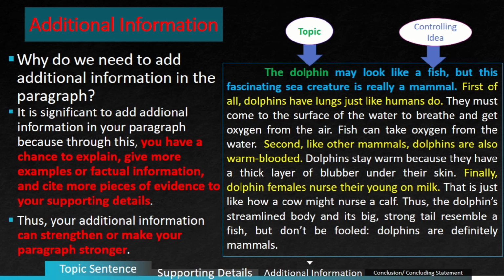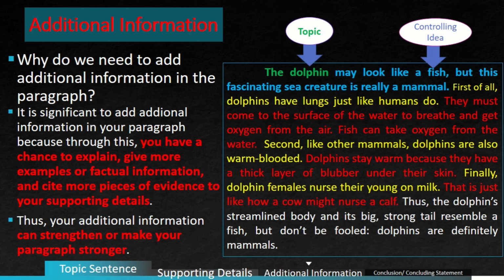In this example, what do you think are the additional pieces of information added to this paragraph? In our first supporting detail, it is followed with, "They must come to the surface of the water to breathe and get oxygen from the air.